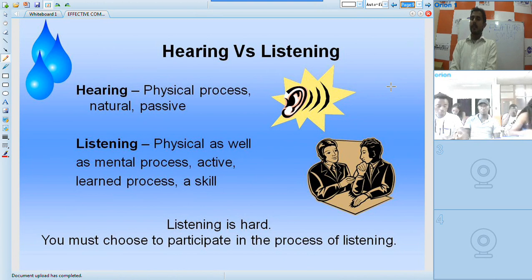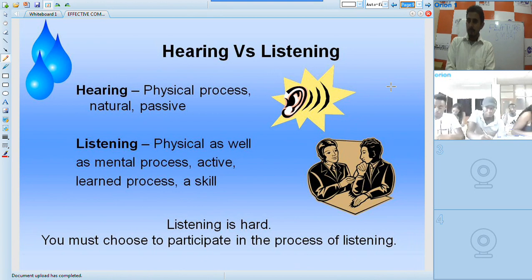Then another example is hearing versus listening. Hearing is totally a physical process, natural or passive. You cannot see the person.